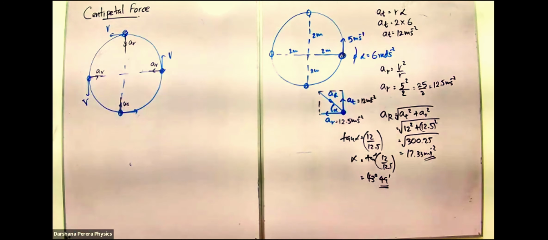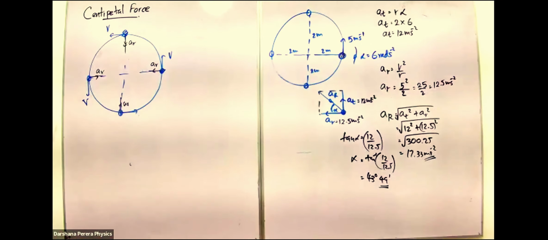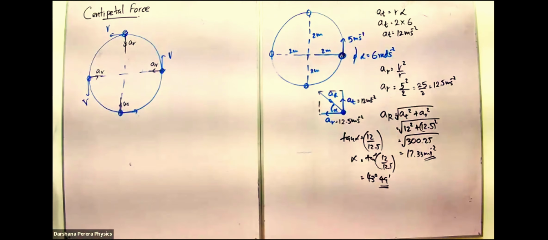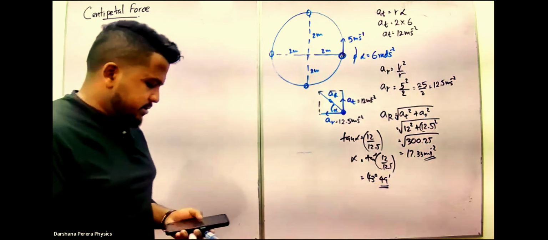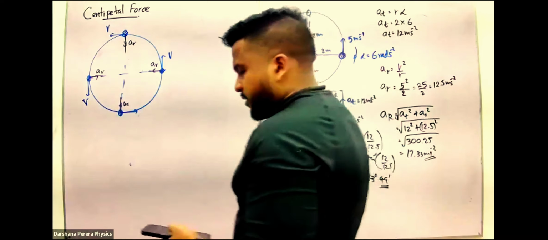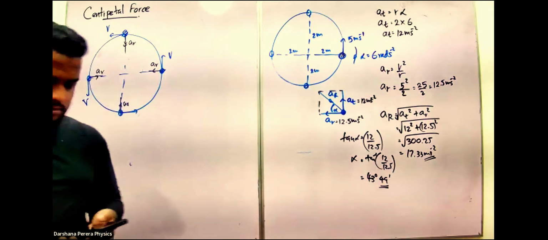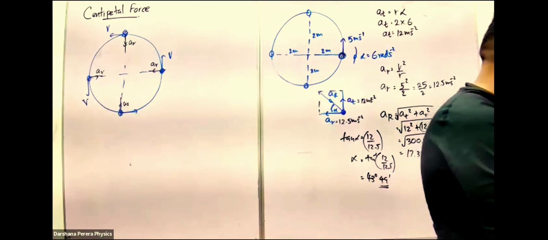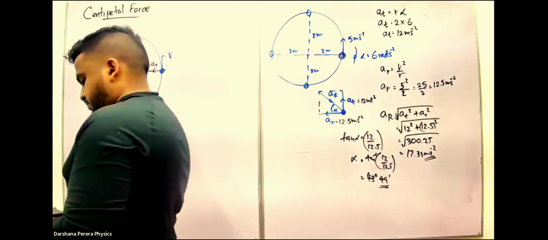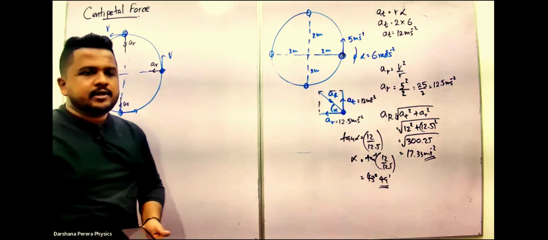When an object moves along a circular path, there is an acceleration on the object towards the center of the circle.